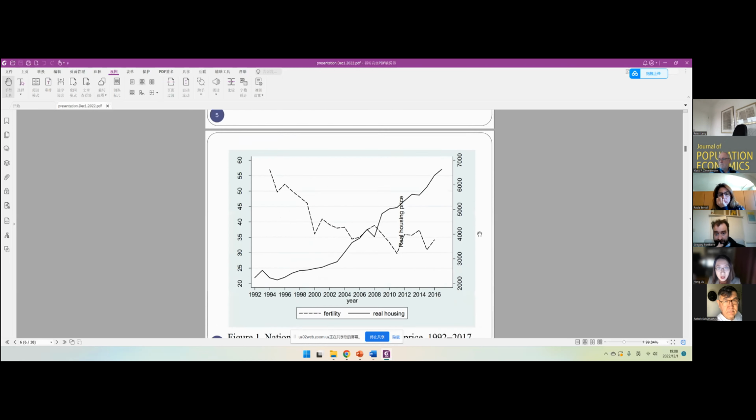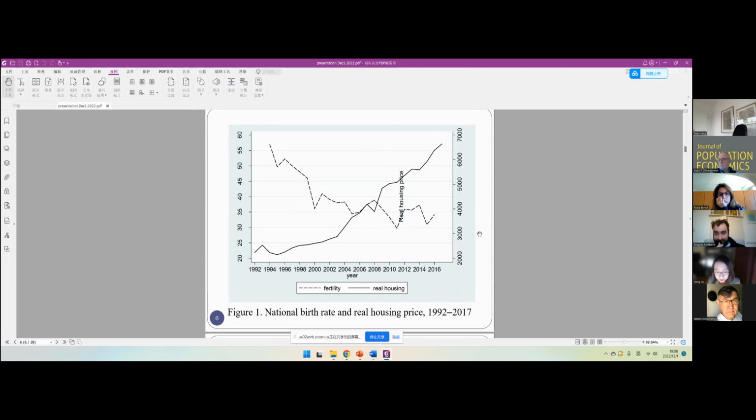Over the past decades, there are 2 salient changes. We can observe a great housing boom from 2003 through 2017. Meanwhile, there's a marked downward trend in fertility.